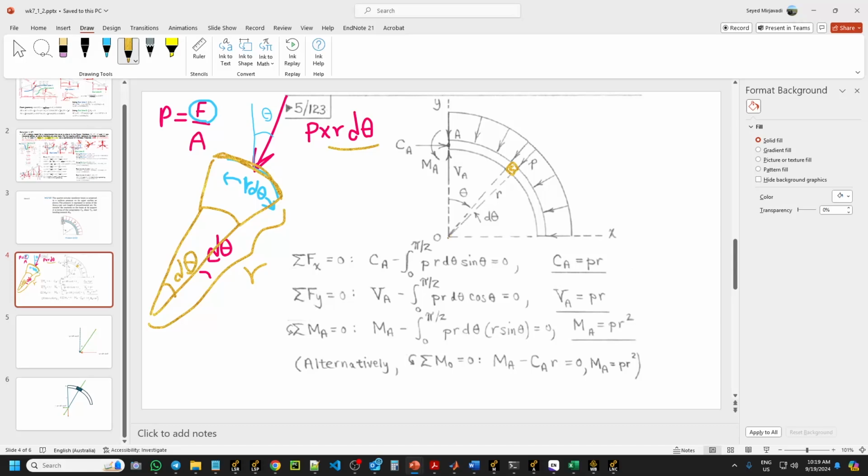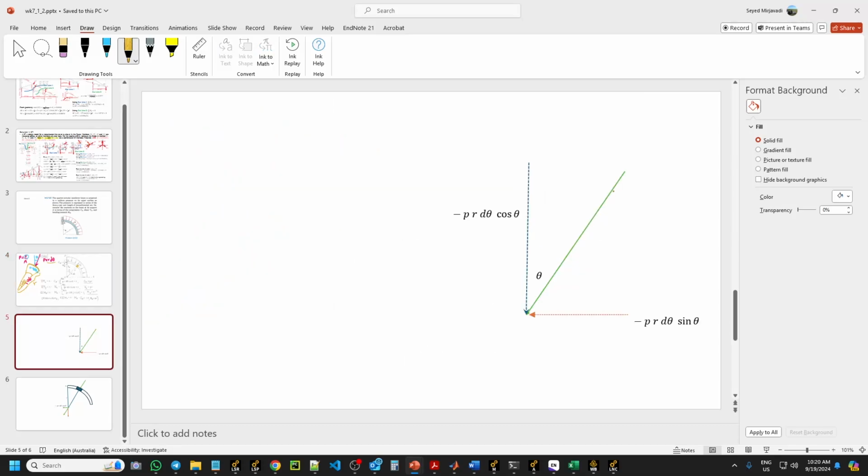So it's better to put the xy coordinates at that point, with x in this direction and y in this direction. So we find the force at this segment and we know theta. The next part is to find the components.